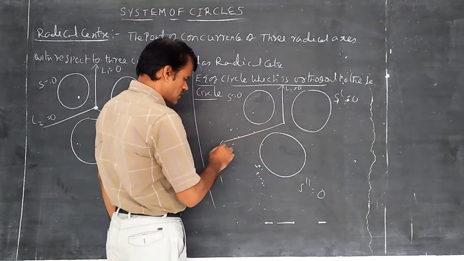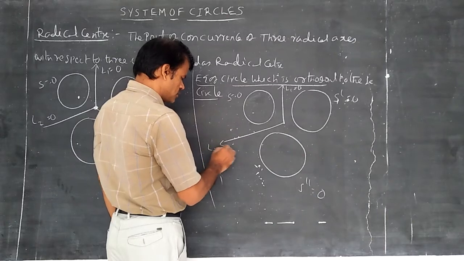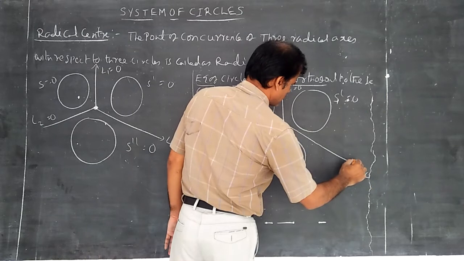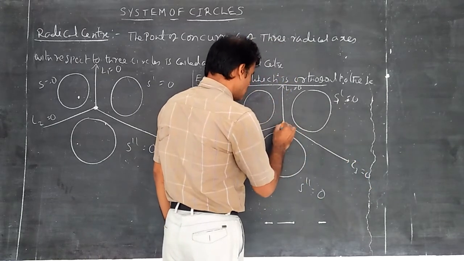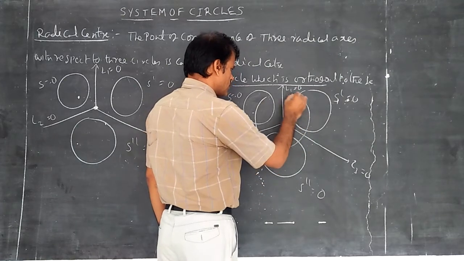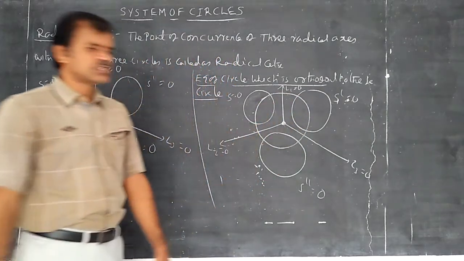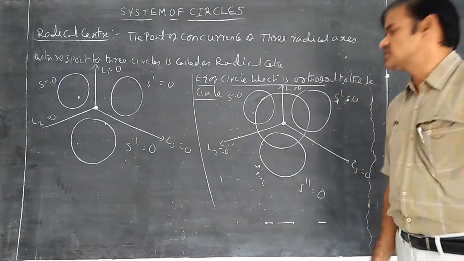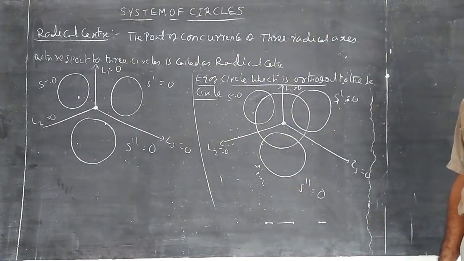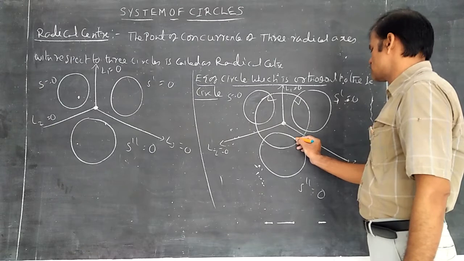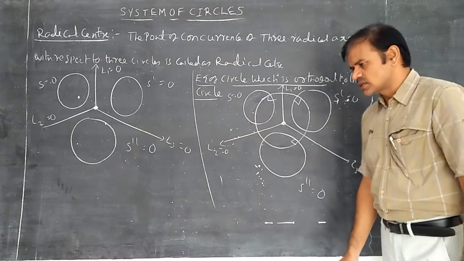This one also you can calculate, L2 equal to 0, and this one also L3 equal to 0. So this is the radical center. Draw like this. This is the circle which is orthogonal to the three circles. You can understand the concept of length of tangent from the radical center. This is the orthogonal circle to all three circles.